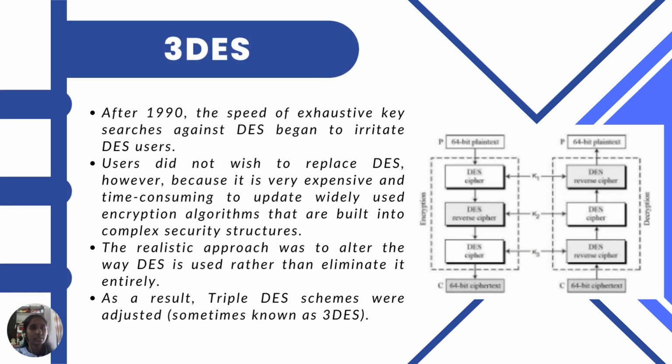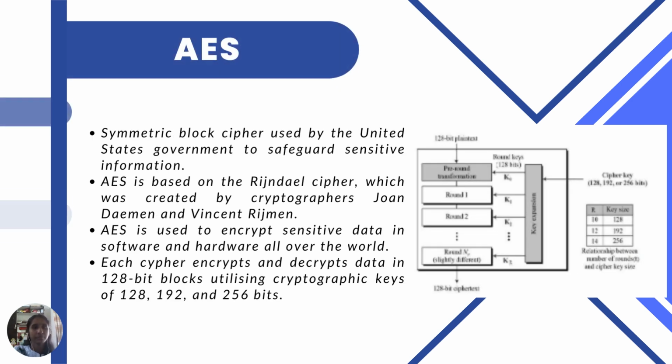Next is Triple DES. Users did not wish to replace DES, but its speed of key search against DES began to irritate the DES users. The approach was to change the way DES is used rather than eliminate it entirely. As a result, Triple DES was introduced by the researchers.